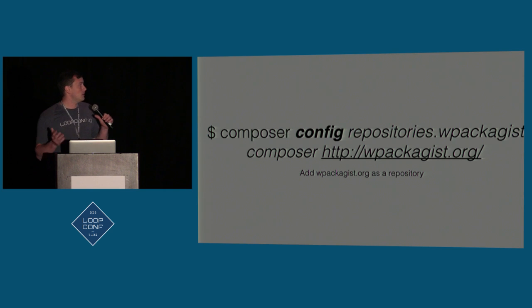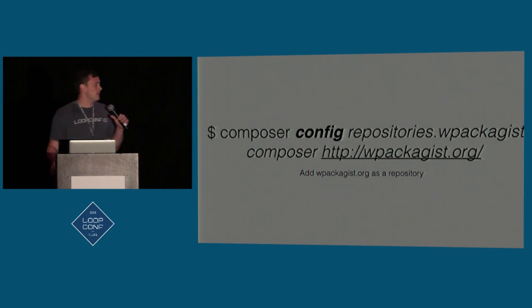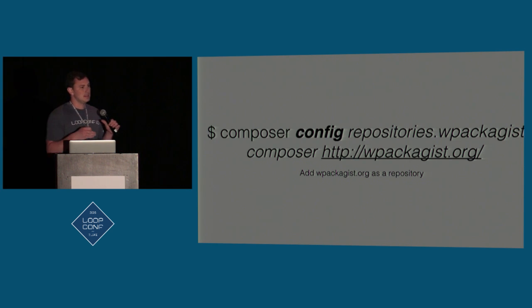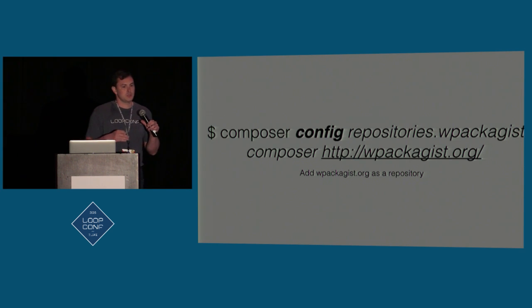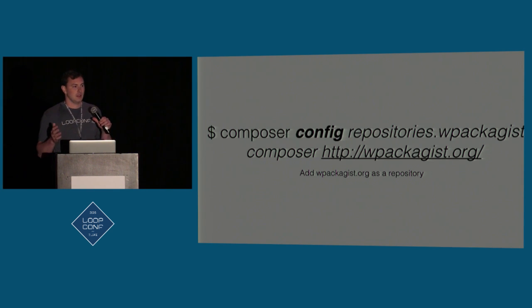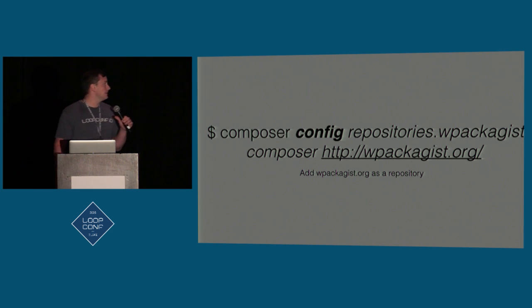So if you go to wpackagist.org, it will actually give you a list of all the plugins and themes that are in the WordPress repository. And essentially all it's done is it's added the composer.json file for you. So just the fact that it's been committed to WordPress.org, you can now use it with Composer. So this is very handy.